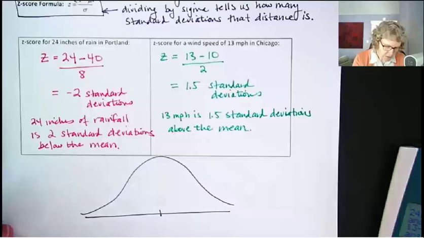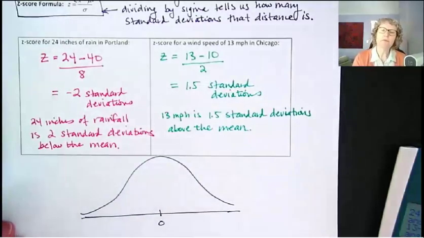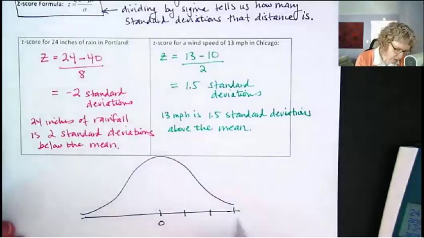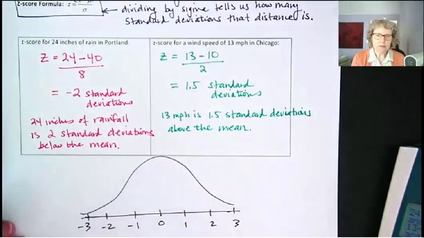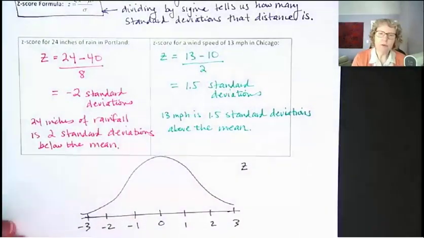We draw just like we're used to drawing our normal model, but the mean is always 0, because when we subtract the mean, that puts the mean at 0, and we go 1, 2, 3, and -1, -2, and -3. So the standard normal model, we use the letter Z to distinguish it.